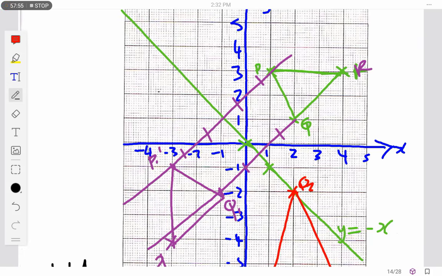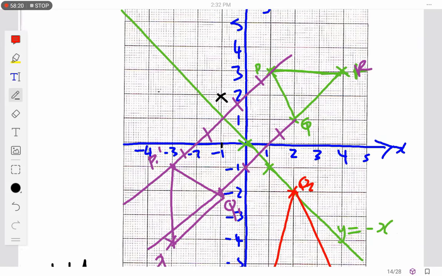Let me just confirm something. R3 is minus 1 and 3 should be 3 there. Minus 1 is here. Then I go to 3, so it's this one.